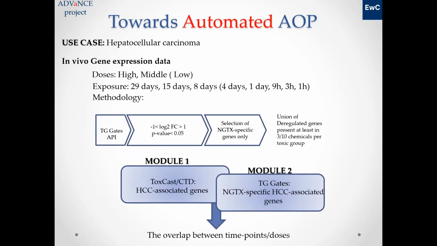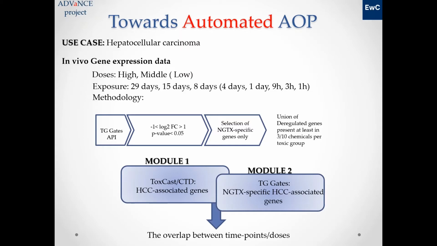On the in vivo gene expression data, we started with all doses, and in this particular database we had high, middle, and low doses. We had a lot of exposure time points, starting from 29 days, 15, 8, 4, 1 days, and 9, 3, 1 hours.